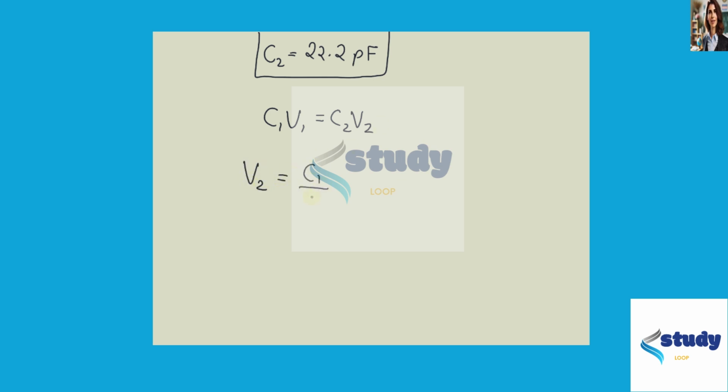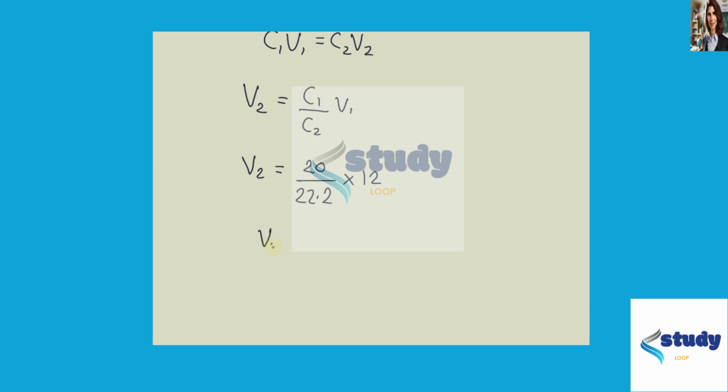So V2 will be C1 by C2 times V1, that is 20 divided by 22.2 times V1, which is 12. If we calculate this V2, we will get 10.8.